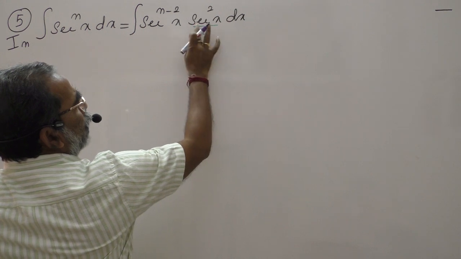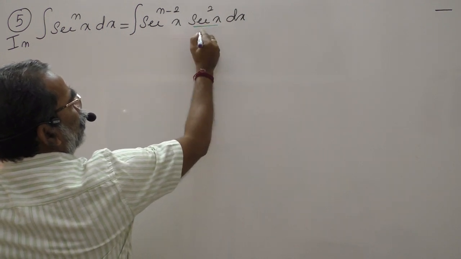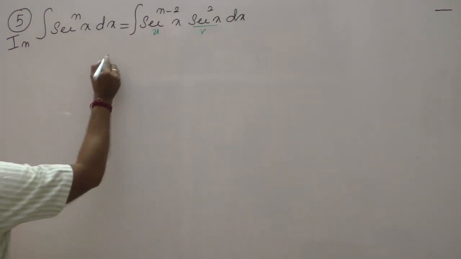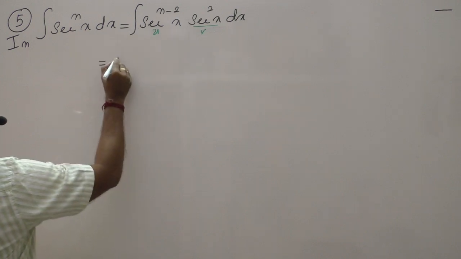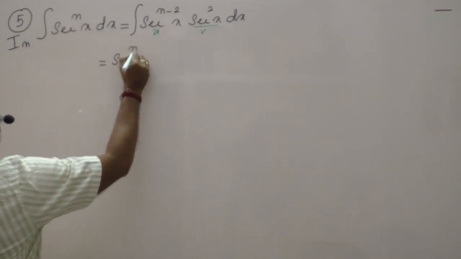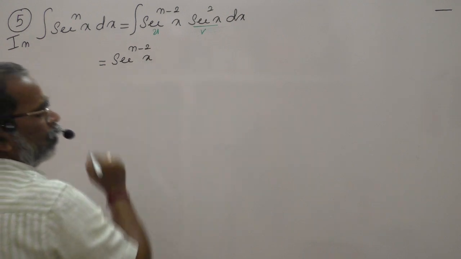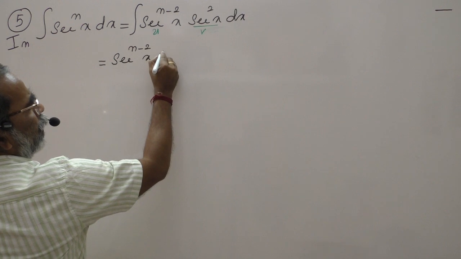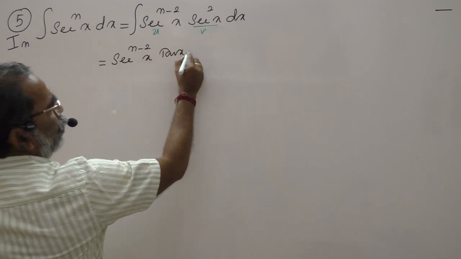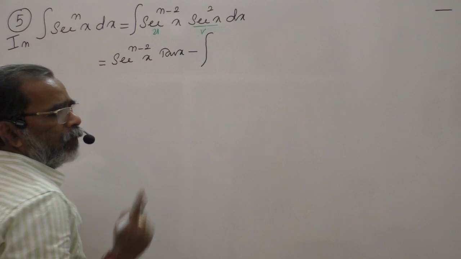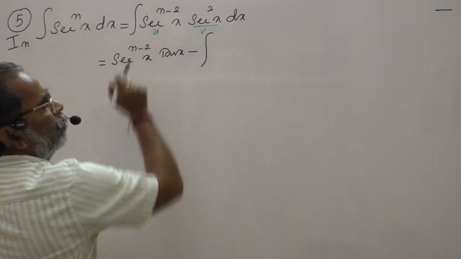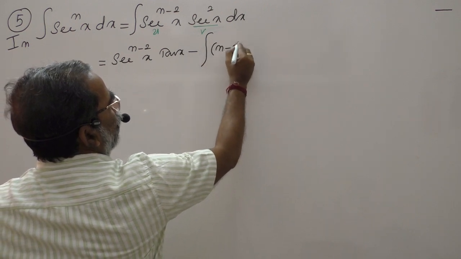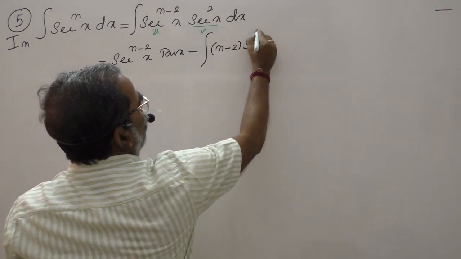Therefore this is the second function and this is the first function. Directly you can apply integration by parts. First u into sec power n minus 2 x into, I am writing directly, integral v dx. Secant square integral is tan x minus integral of, carefully, d by dx of this. I will apply x power n, which is n into x power n minus 1.